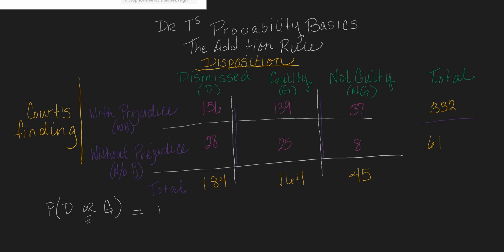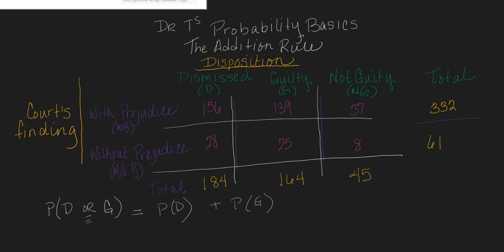So what we need to do is find the probability of those that were dismissed, and we are going to go ahead and just add it, hence the addition rule, to the probability of those found guilty.